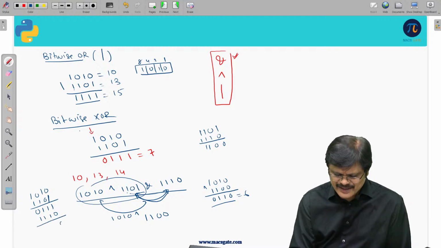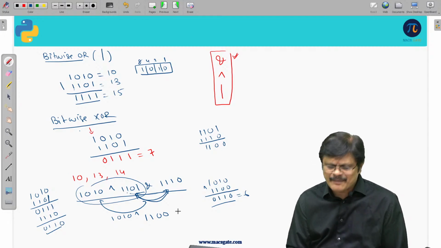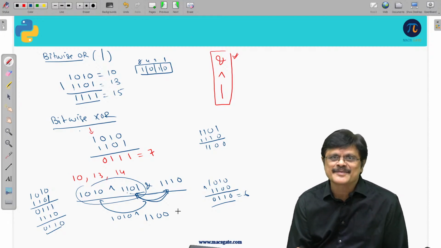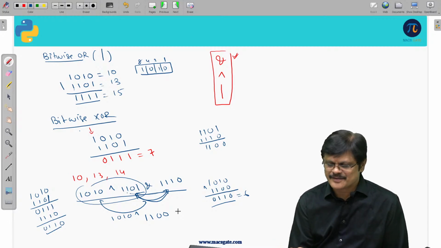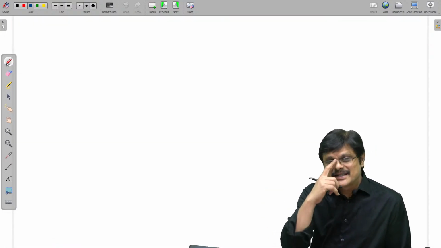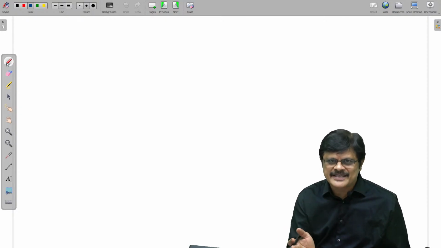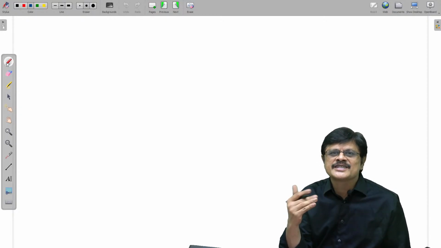So what is the result here? 0 1 1 0. Okay, same answer you're getting, but it is not always the case, my dear friends. You can verify different examples. If you want, I can take some more examples. The idea is if first you do XOR, then you do AND, the answer will not be the same in general. So the order of precedence is very, very important.